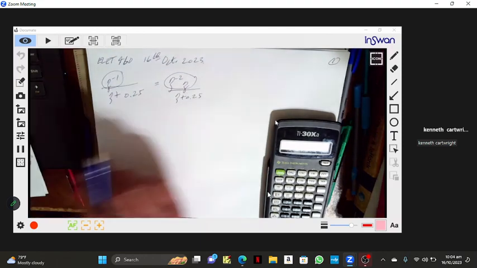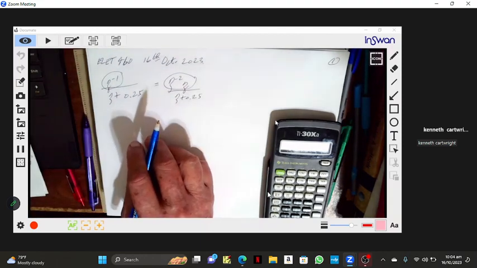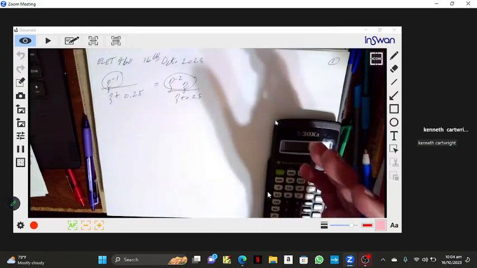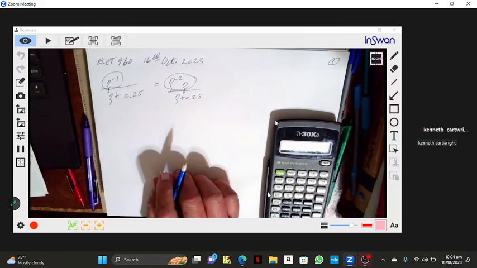That's what you're asking me. Isn't it obvious? Isn't it obvious that the numerator on the right-hand side is equal to the numerator on the left-hand side?